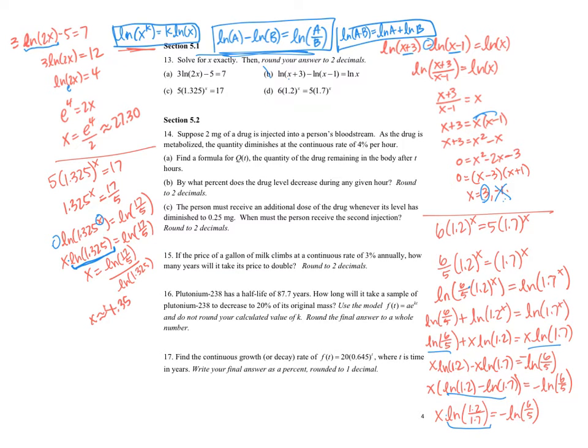So I've got x equals negative natural log of 6/5 divided by natural log of 1.2 divided by 1.7.